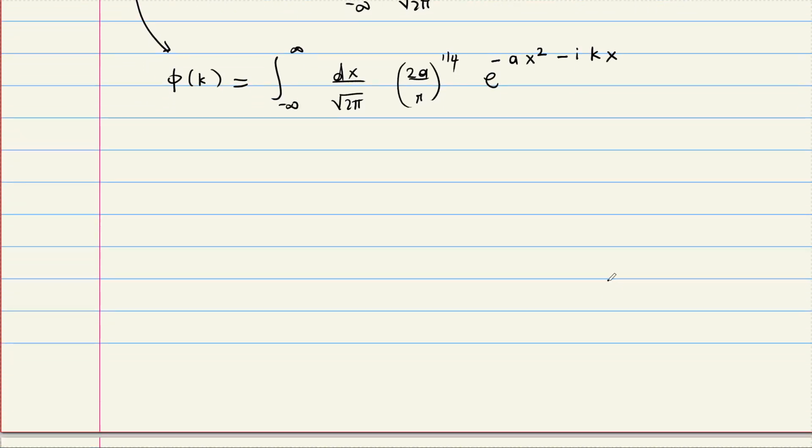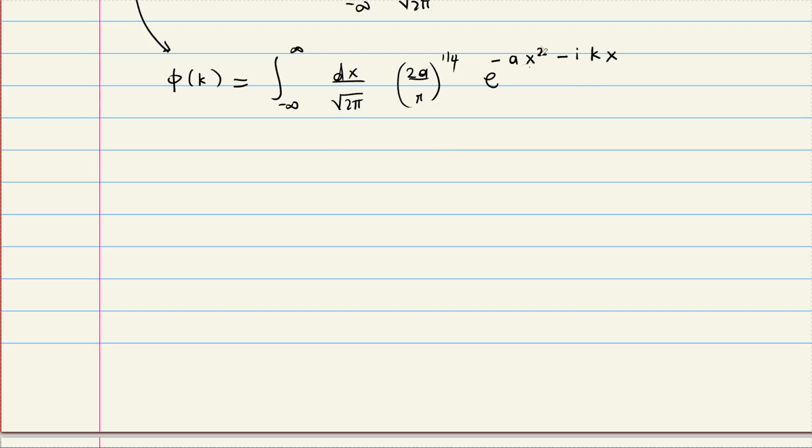How about this integral? How do I take this one? So there's x squared, and x. Anybody? But right now our job is just to take this integral, right? Everything is given in this integral.